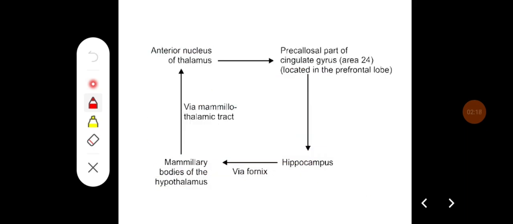Here you can see the Papez circuit, where it's a closed circuit where the information from precallosal part of the cingulate gyrus, that is area 24, which is located in the prefrontal lobe, goes to the hippocampus. Via fornix it reaches mammillary bodies in the hypothalamus, and via mammillothalamic tract it reaches the anterior nucleus of thalamus, back to the cingulate gyrus.